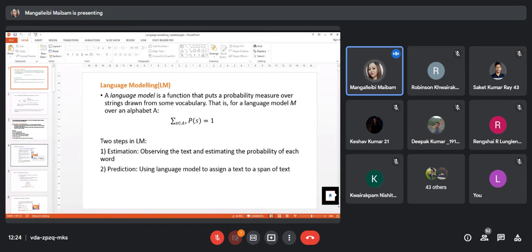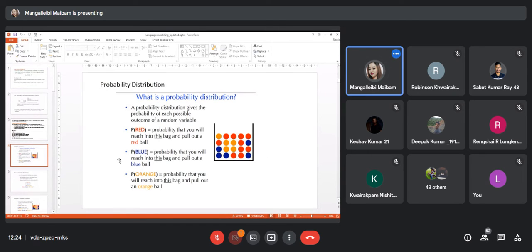You already have the basics, so you can just go through them by yourself, because probability distribution is a normal concept. How to find the probability of red from this collection, how to find the probability of blue from this collection: you just count the blue balls, then divide by the total number of balls in the collection, like that.